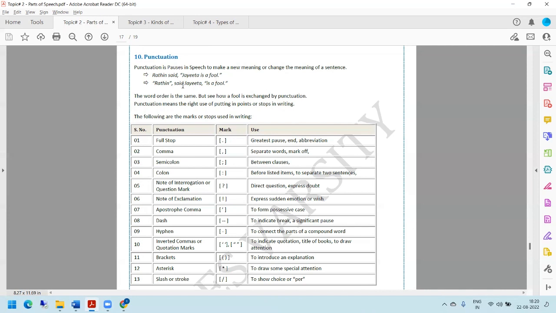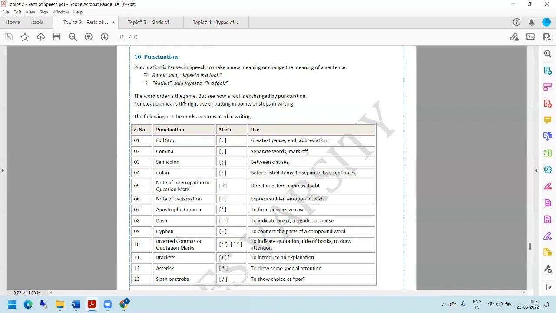Now, if we change the position of these punctuations, let's see what the meaning will be. "Ratin," comma, "said Sayita, is a fool." Here the meaning will change. So we need to make sure we use the correct punctuation at the correct place.